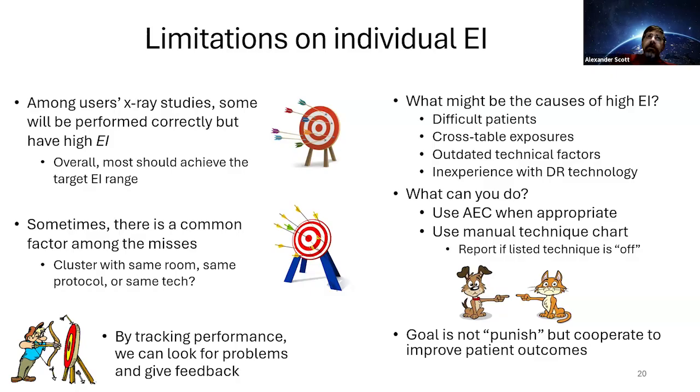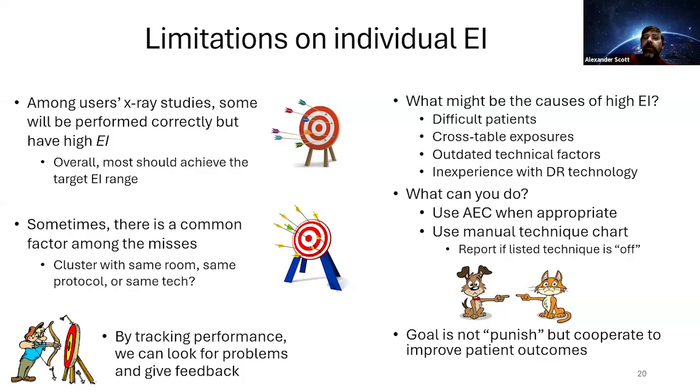On the other hand, the most common reason for having a high reject rate is being new. So what we observe is that the highest significant user is almost always someone who was hired in the past couple months or someone who was moved to a new location. They're not familiar with the equipment.